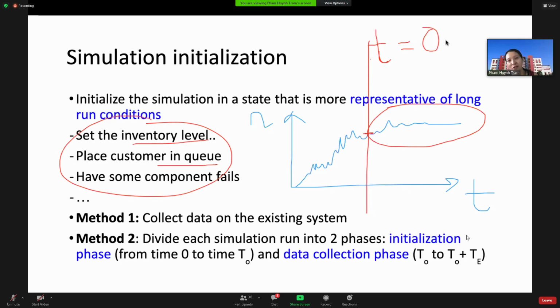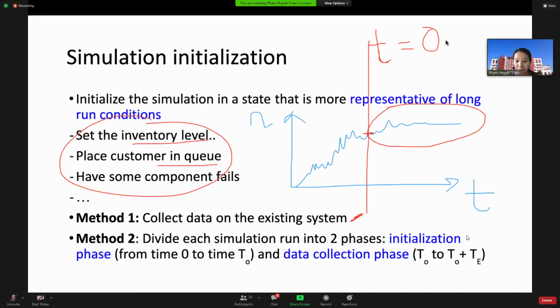So let's say for a hospital, you have to go there and observe when the hospital seems to be stabilized, like every customer arriving has to wait around the same time, for example, and you look at how many patients are already there. All right, so we have to set the initial condition here by collecting the data on the existing system, right?